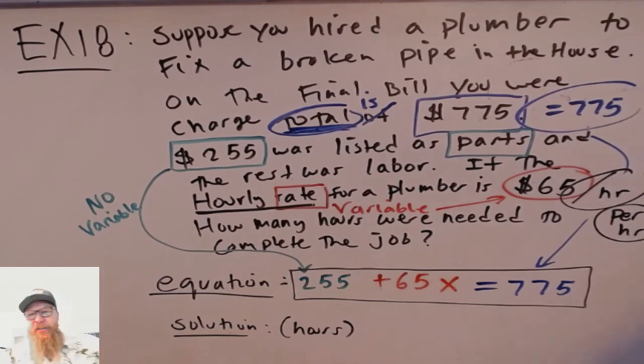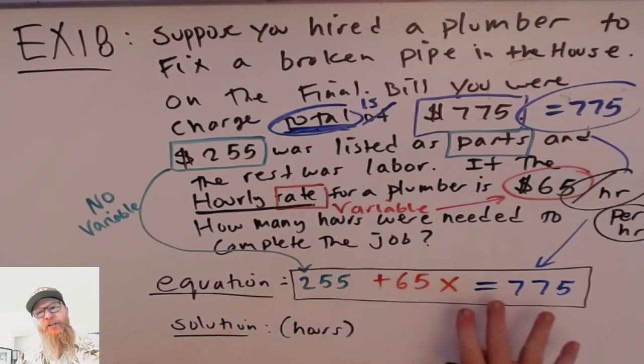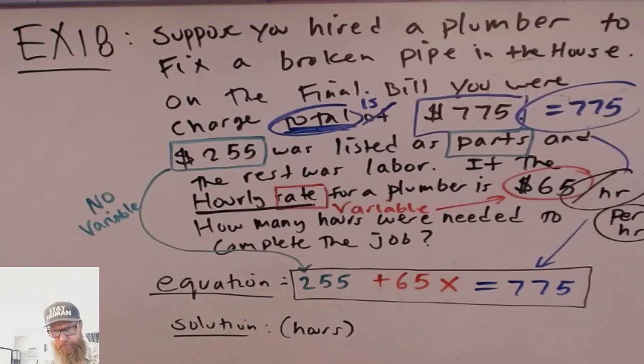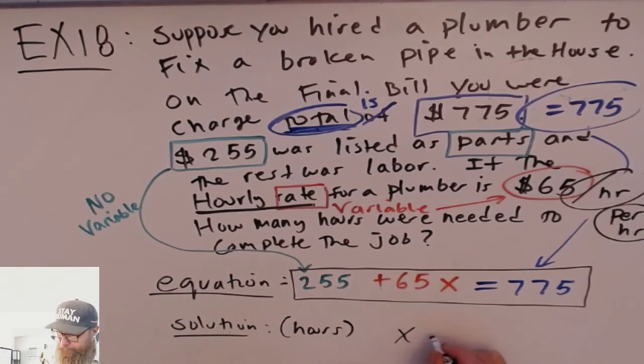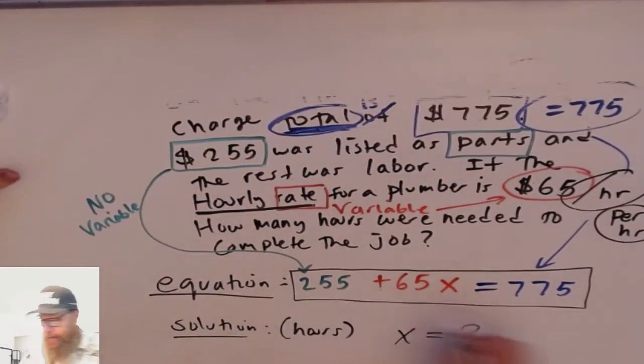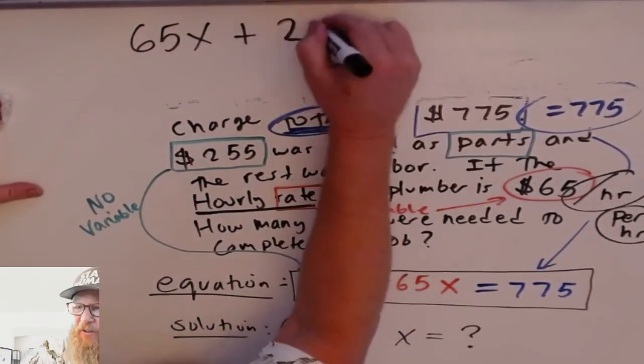And now you're going to solve this. These numbers are getting kind of large here, so I'm going to erase some of this work to solve this equation. I don't think I can solve it in this tiny little space here. Normally, I write it like this, 65x plus 255.